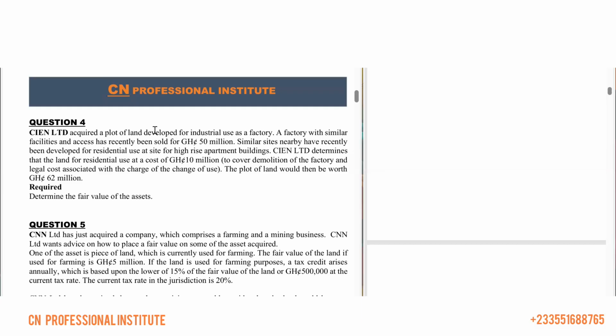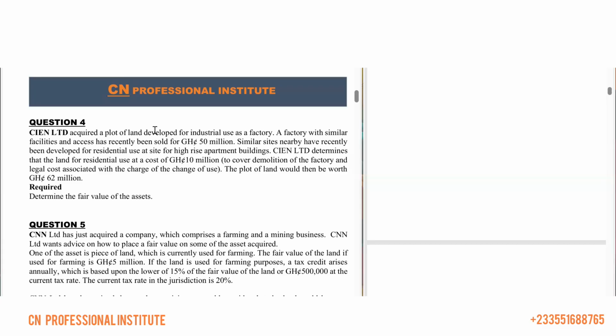If you can use it for farming, residential, or industrial purposes, look at the fair value for each use and pick the higher, provided it is not legally prohibited. That becomes the highest and best use.